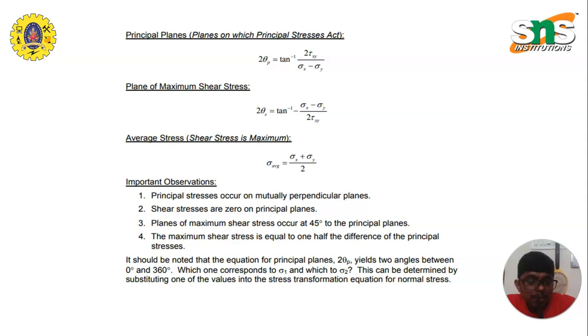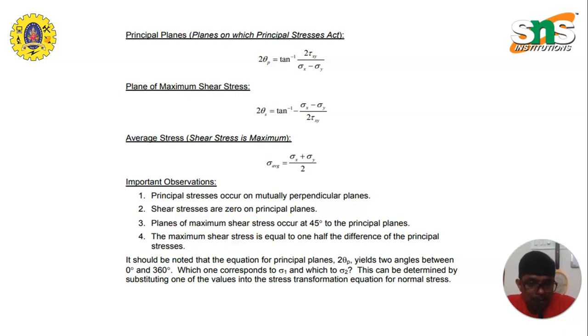One of the important observations when using the Mohr circle: first, principal stresses occur only on mutually perpendicular planes, that is, on the x-axis and y-axis. Second, shear stress on the principal planes must be equal to 0.